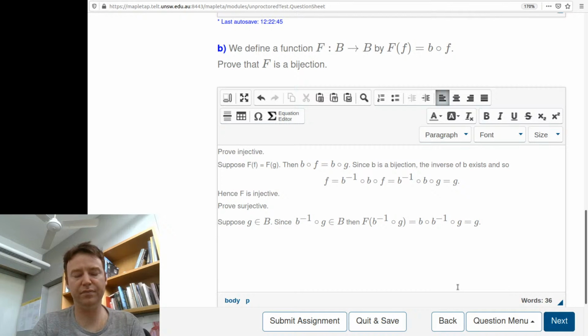Okay, so since, how do I know that B inverse of G is in this thing? Well, B is a bijection, therefore B inverse is also in B, and by function composition, a composition of bijections is bijective.